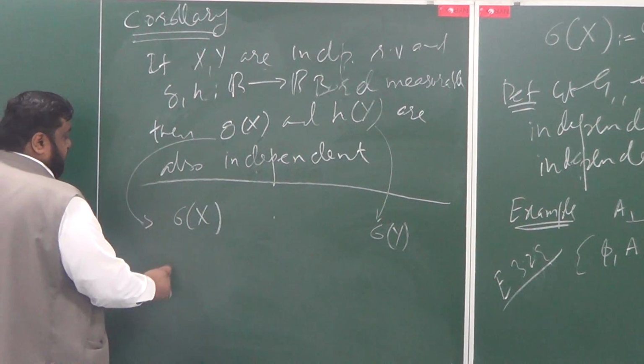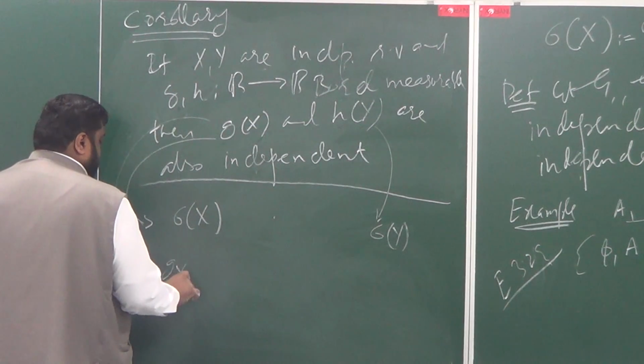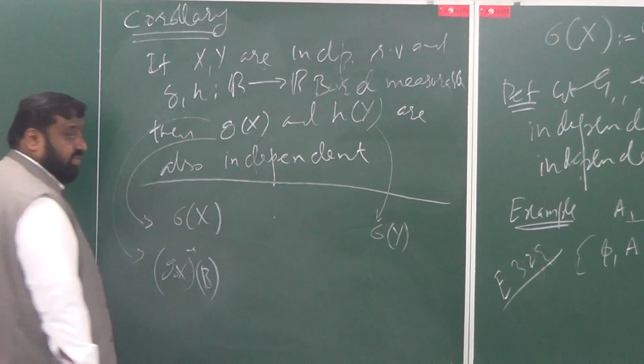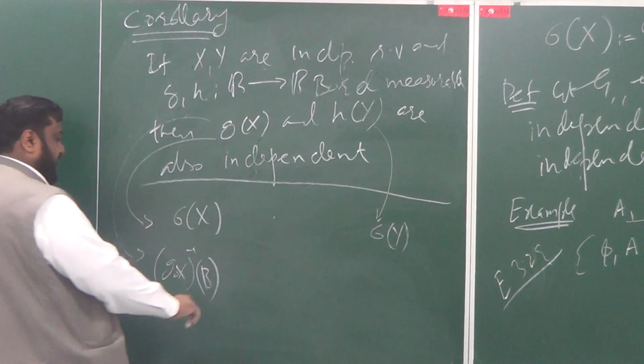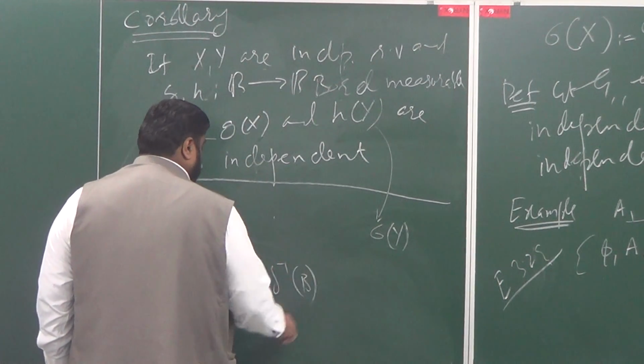Just take the composition g of X, its inverse image of B. What are you going to get? You're going to get X inverse composed with g inverse of B.